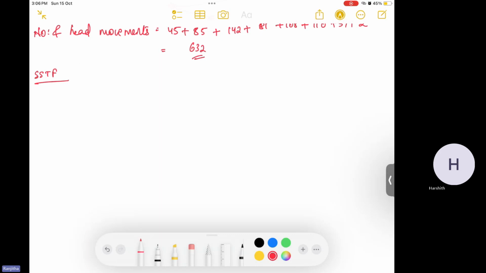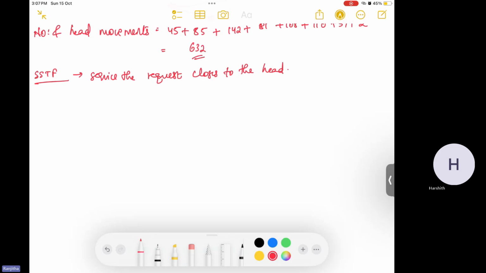Here it will service the request which is closest to the head. At any given point of time it tries to reduce the number of movements to a minimum.